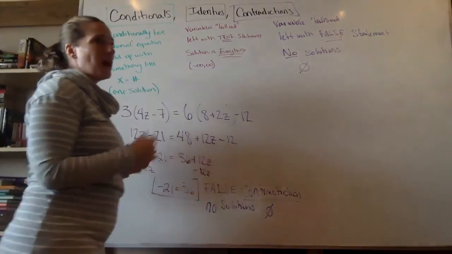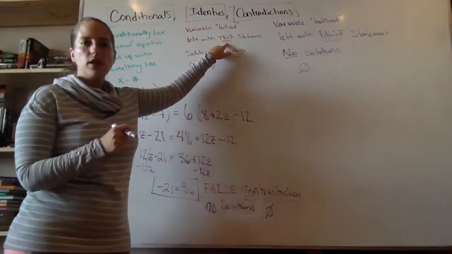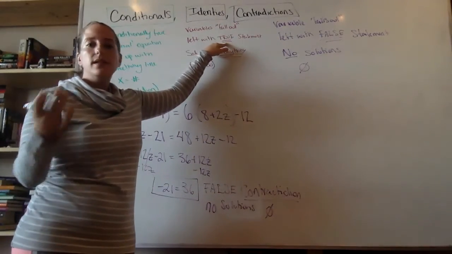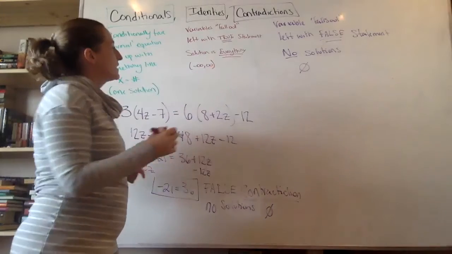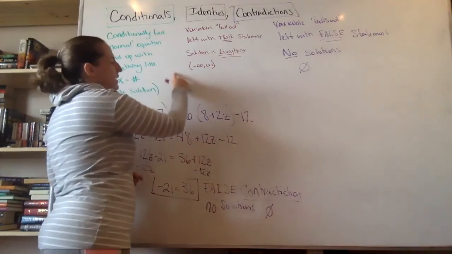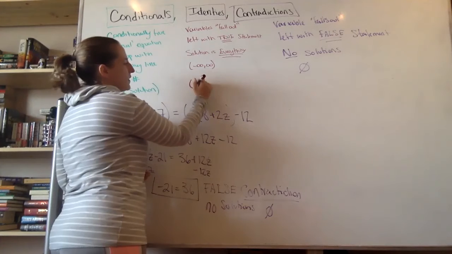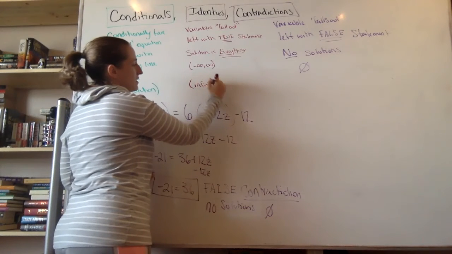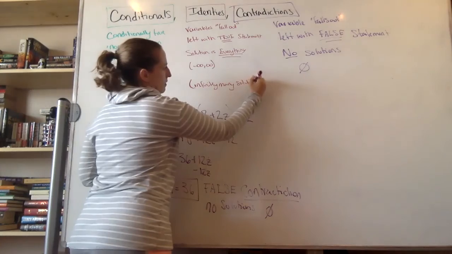Our variable went away. They canceled out as we were in our process of solving, but we're left with something true. 2 equals 2. 0 equals 0. Negative 1 equals negative 1. Our solution in this case is everything. We write everything in interval notation as negative infinity to infinity. One way of thinking of this is there are infinitely many solutions. Everything is a solution, okay?